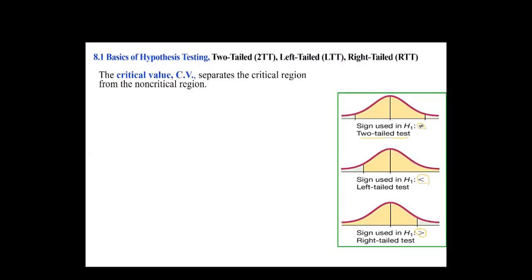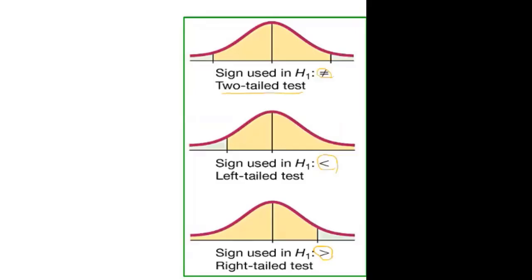So what we are looking at: we have a value here that is separating the middle part, which is the acceptable region, from the tail region, which is the critical region, or the region that will be rejected. Here's another one for the left, and here's another one for the right. Those are called critical values.